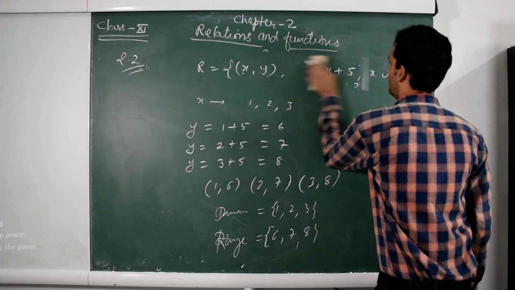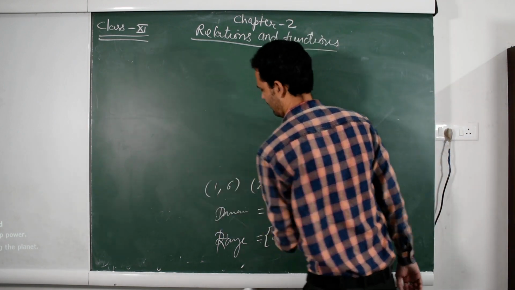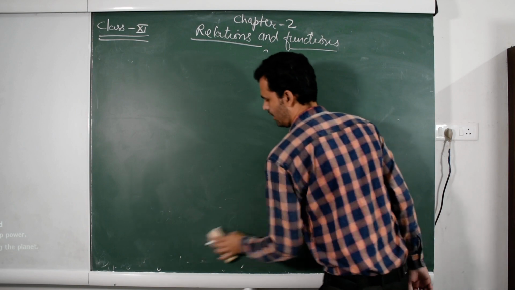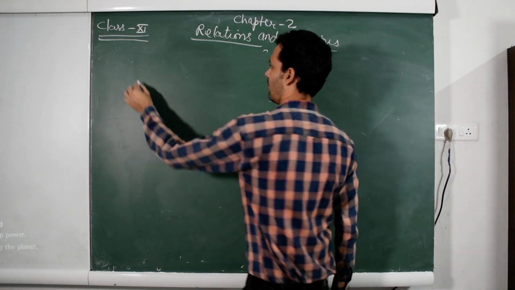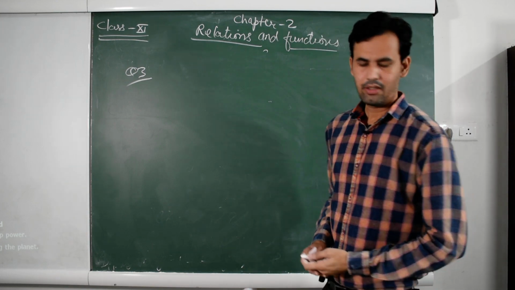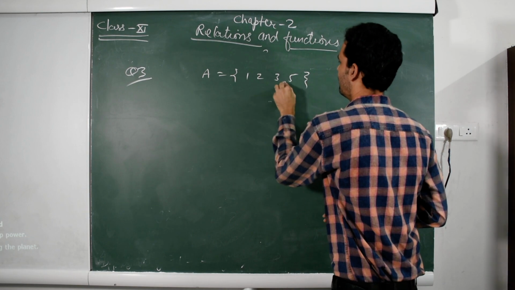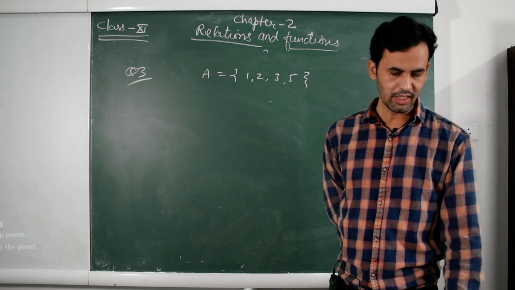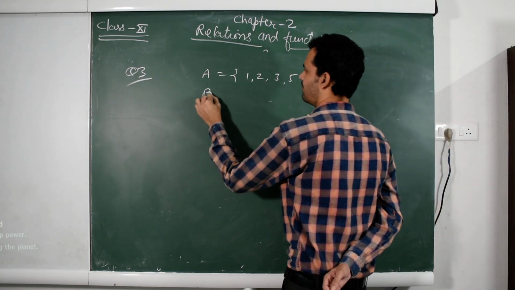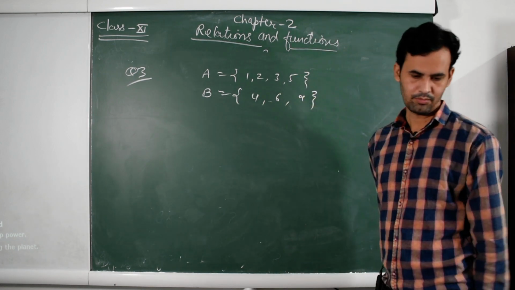Now question number 3. A is the set {1, 2, 3, 5}. There are 4 elements in set A, and set B is {4, 6, 9}.